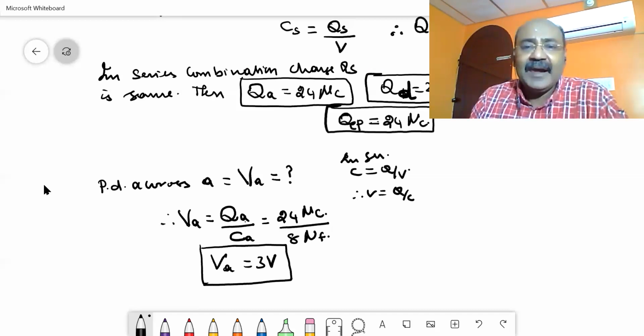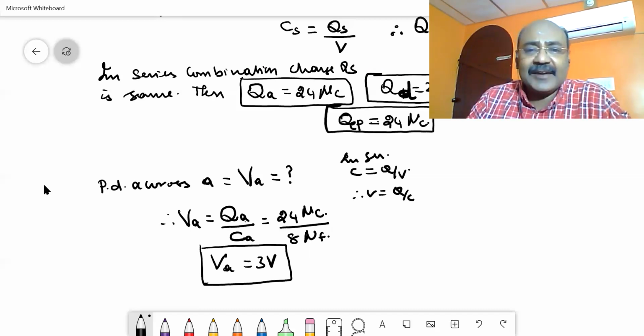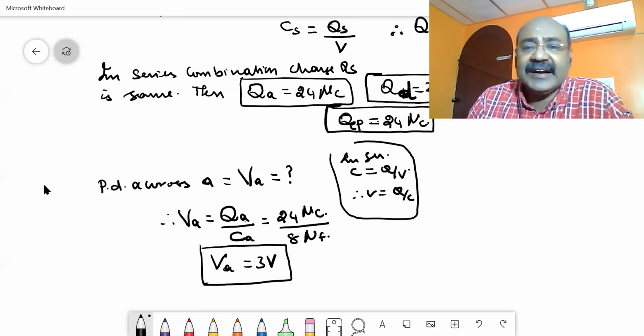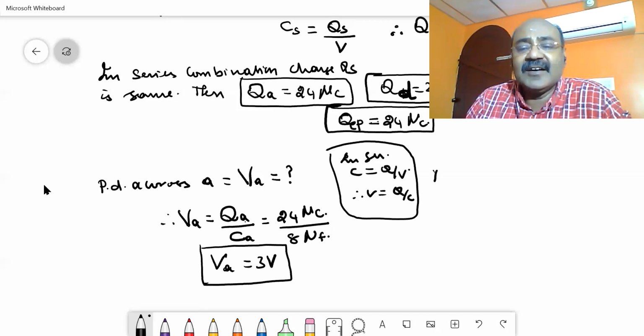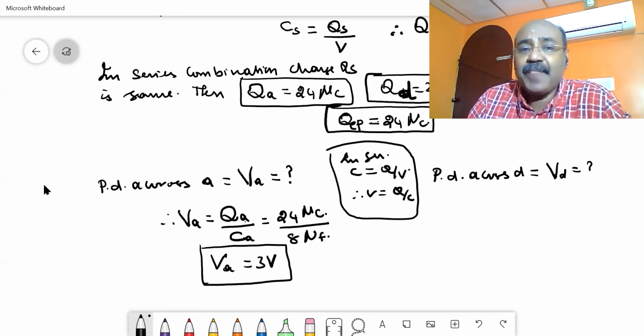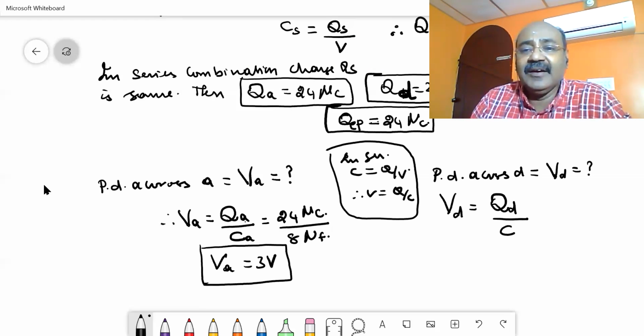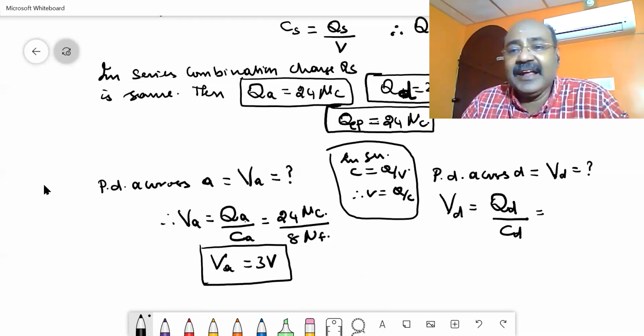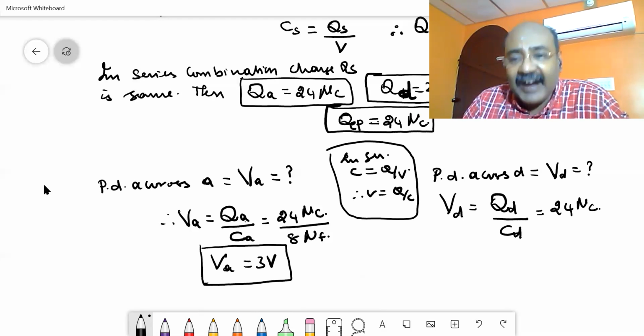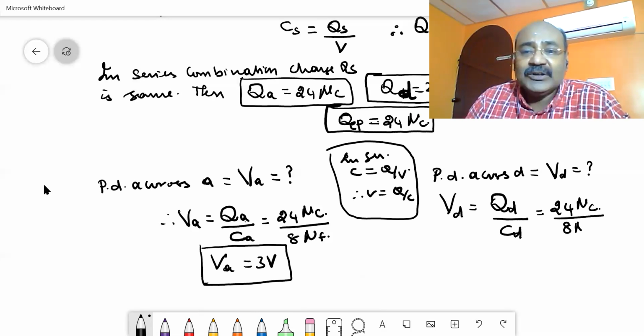Similarly, let us calculate potential difference across D, which we can write as V suffix D. So V suffix D is equal to charge in capacitor D divided by the capacitance of D. Charge in capacitor D is again 24 microcoulomb divided by capacitance of D, 8 microfarad. So the potential across D is again 3 volt.